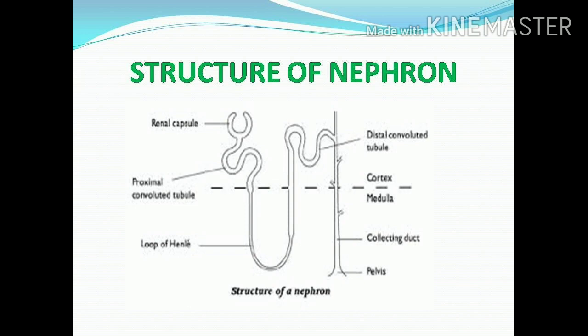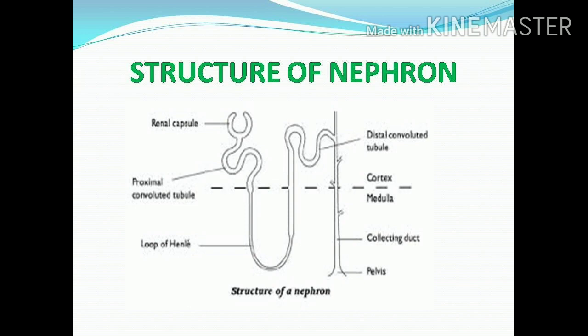Now you can see only the diagram of the nephron. Here there are no blood capillaries. In it you can see the Bowman's capsule, PCT, loop of Henle, DCT and collecting duct.